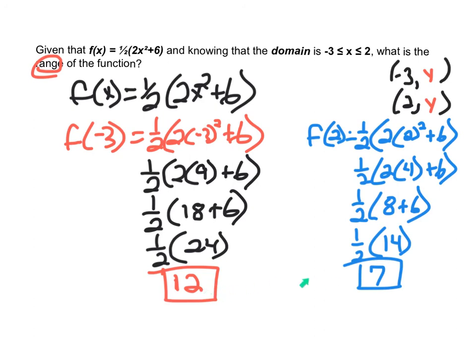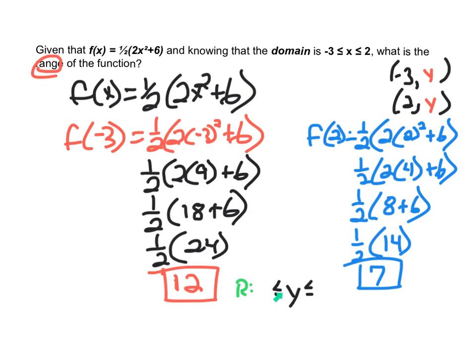If these are the values that we're using that are our outputs, which are y, then we're going to have a range from the lowest to the highest, okay? So then we're writing our answer for the range. The range is going to be, remember we use y, we have our less than or equal to and less than or equal to.